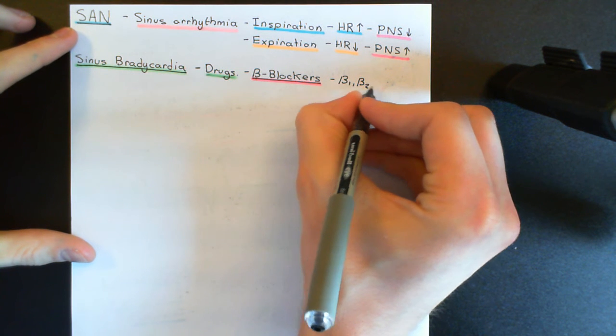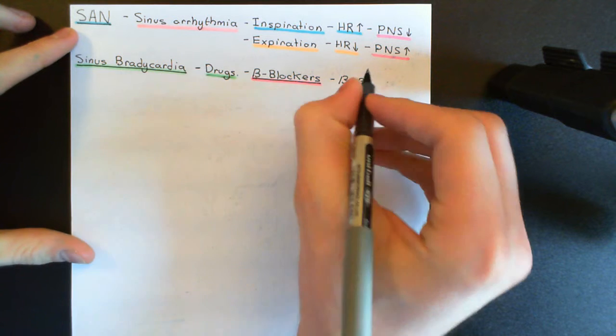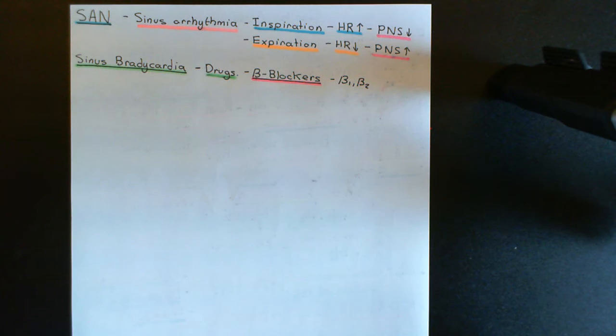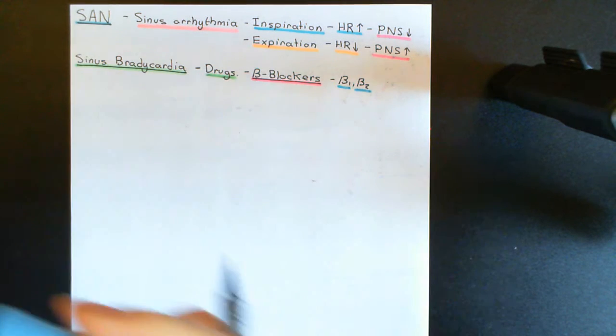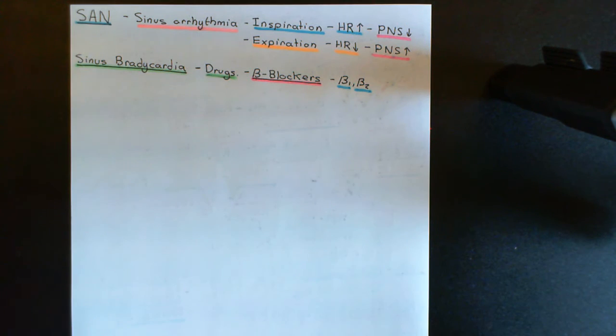There is a third type as well, but the third one is quite rare, and the drugs which block that are usually separate from the normal beta blockers that we talk about. So when we talk about beta blockers, usually we mean drugs that will bind to beta 1 or beta 2 adrenoreceptors and which are competitive antagonists for these receptors.